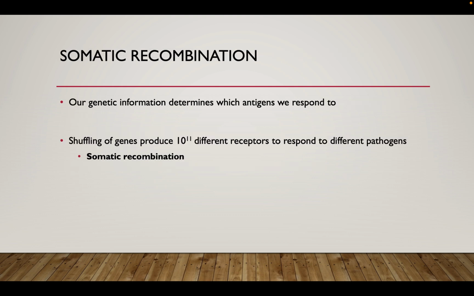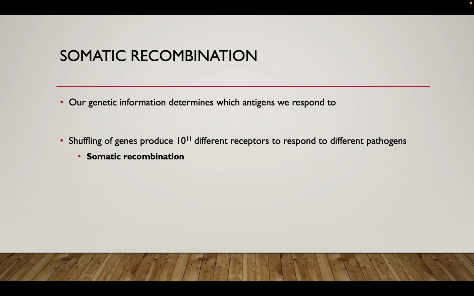If you think back to how many different types of bacteria and viruses and parasites and different foreign antigens that we could possibly encounter, there are millions and millions of different things our body could encounter that would be considered foreign, okay?